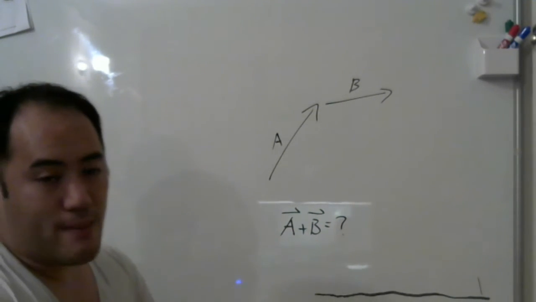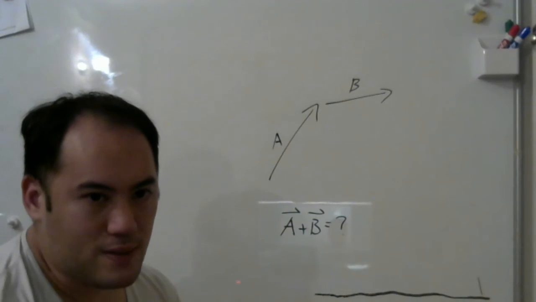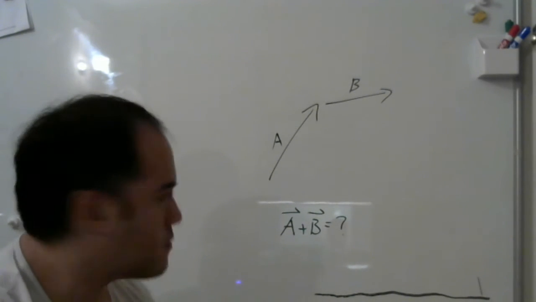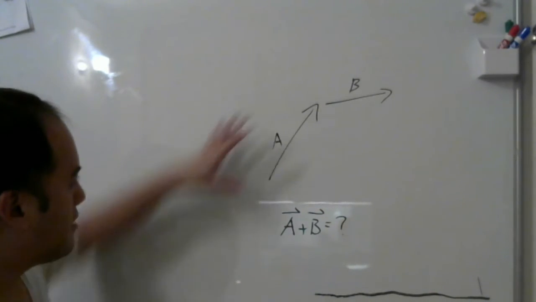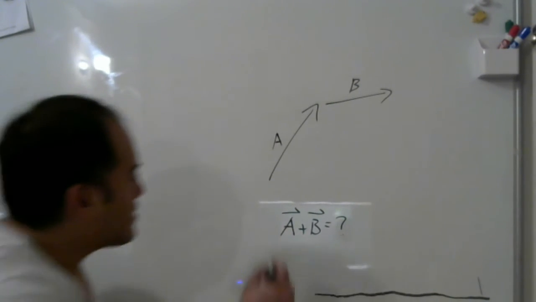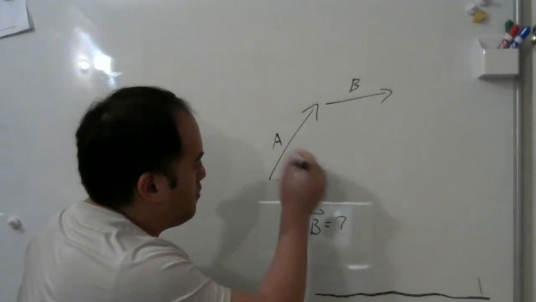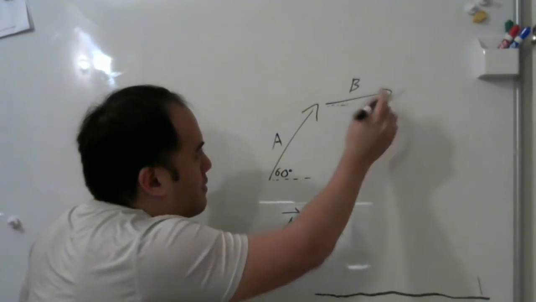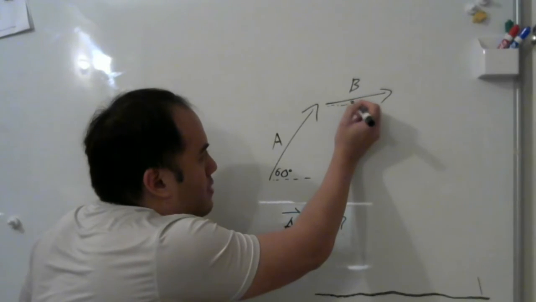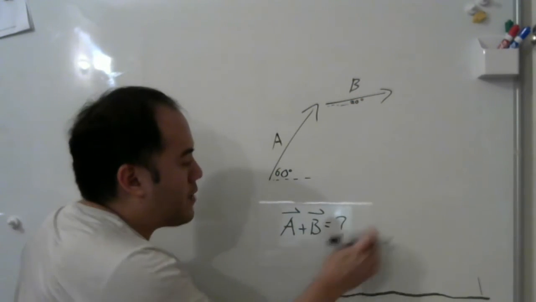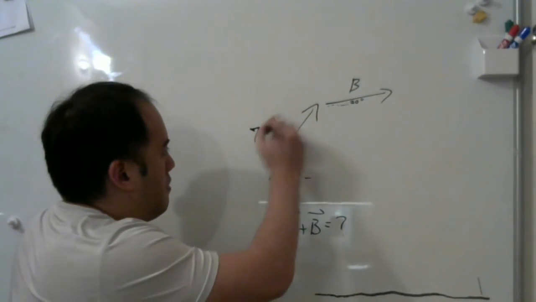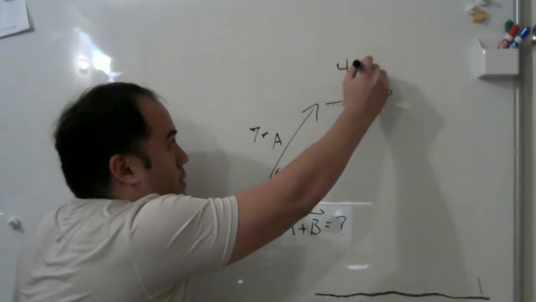If you want to mathematically find A plus B, you have to be able to mathematically describe A and B. Let's say A is 7 meters at a 60-degree angle, and vector B is 4 meters at a 20-degree angle. I'm just making up numbers. How can you figure out A plus B? These are just examples. We're not really doing all the math.